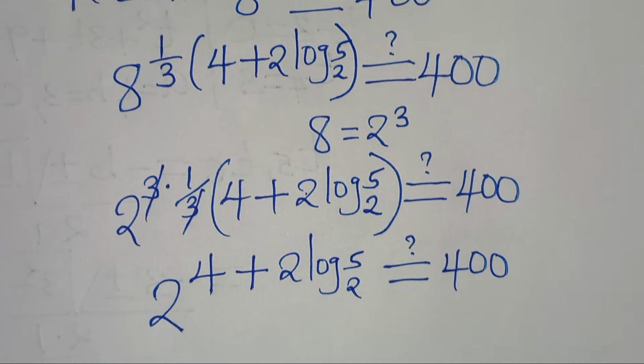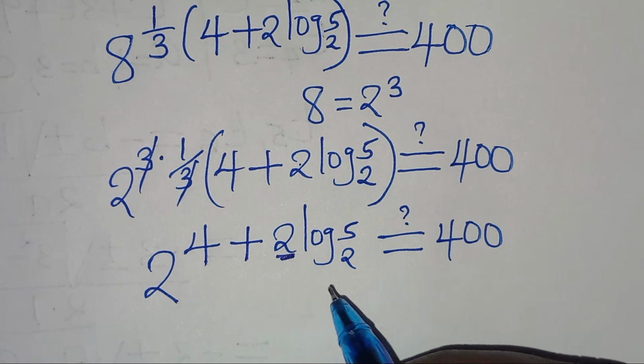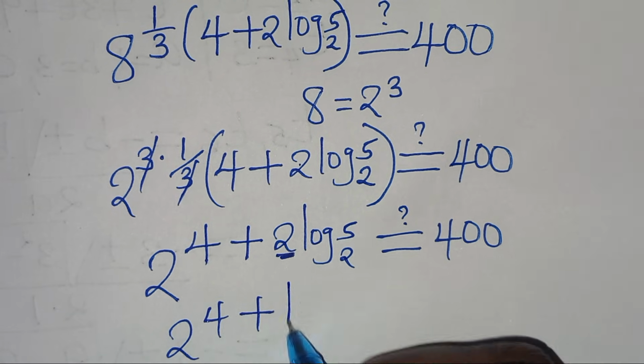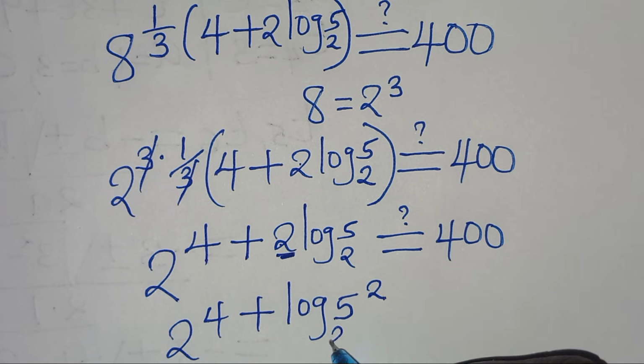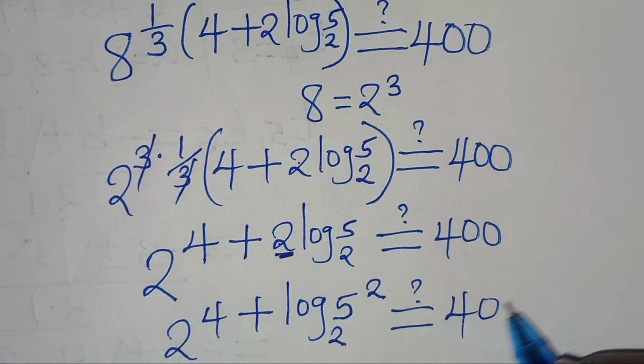Now, we have that 2 is a power here, so we can express this as 2 to the power of 4 plus log 5 squared to base 2. This is supposed to give us a value of 400.